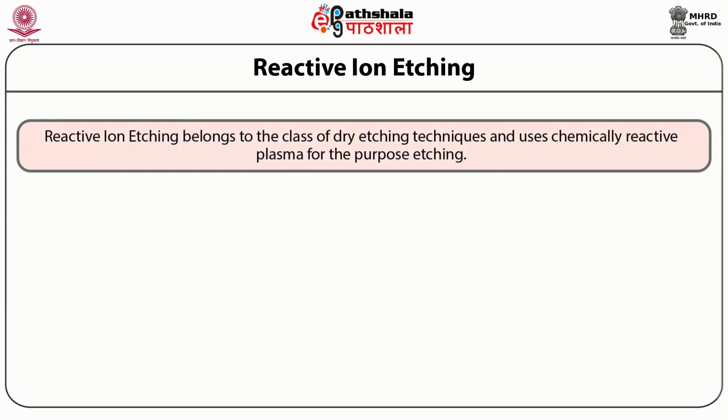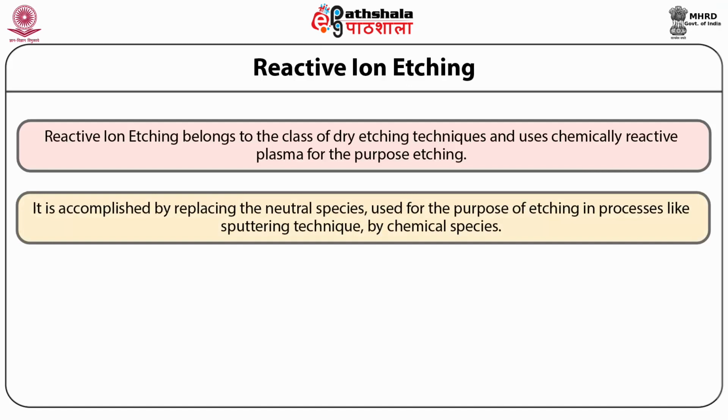Reactive ion etching. Reactive ion etching belongs to the class of dry etching techniques and uses chemically reactive plasma for the purpose of etching. It is accomplished by replacing the neutral species used for the purpose of etching in a process like the sputtering technique by chemical species.